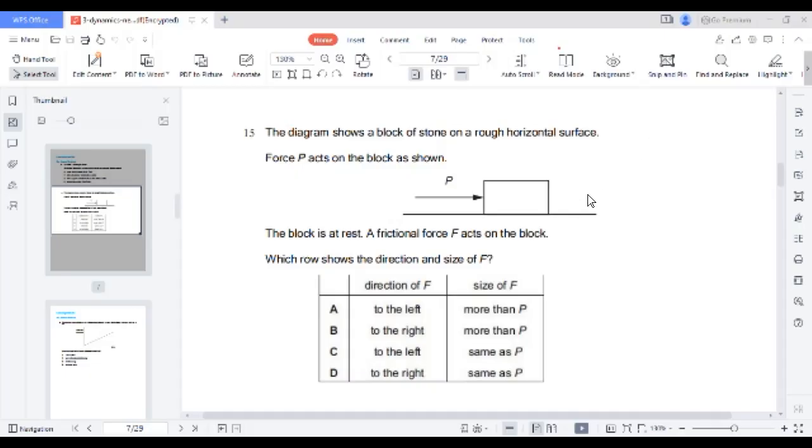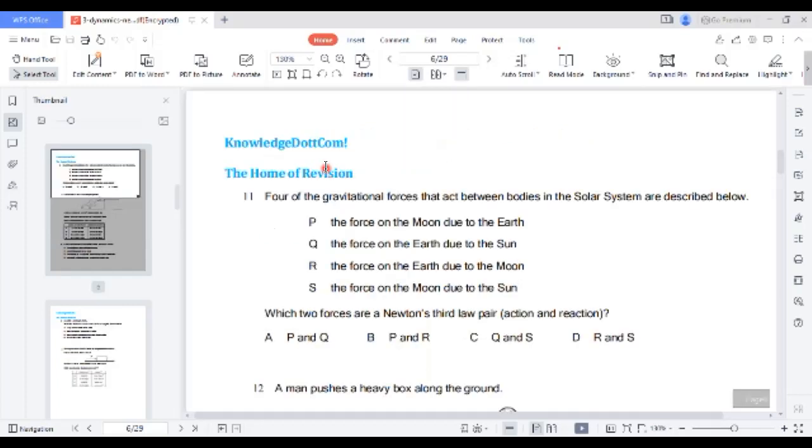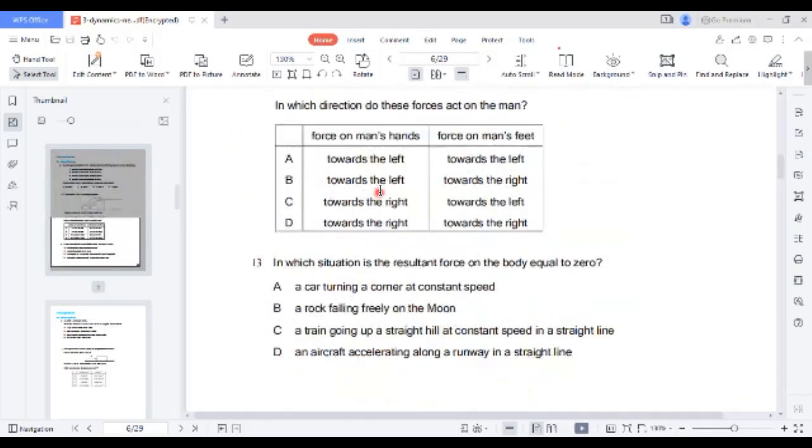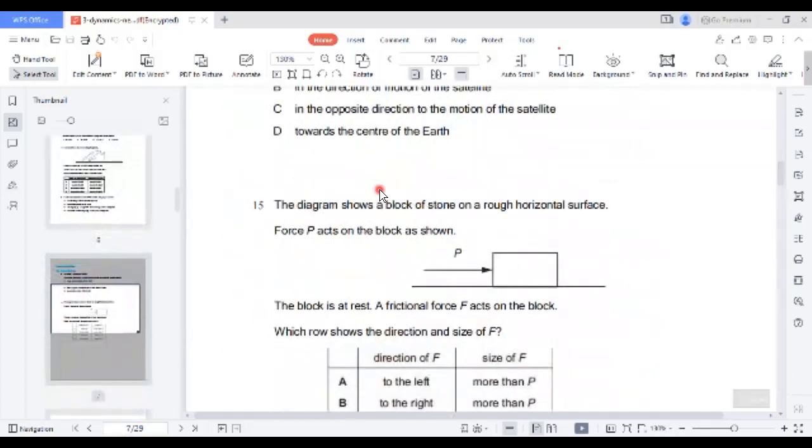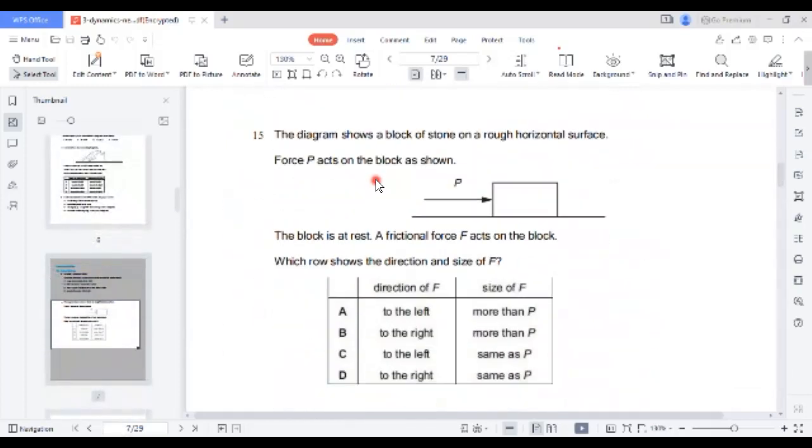In question number 15, let's see the diagram. The diagram shows a block of stone on a rough horizontal surface. Rough means there would be some friction maybe.